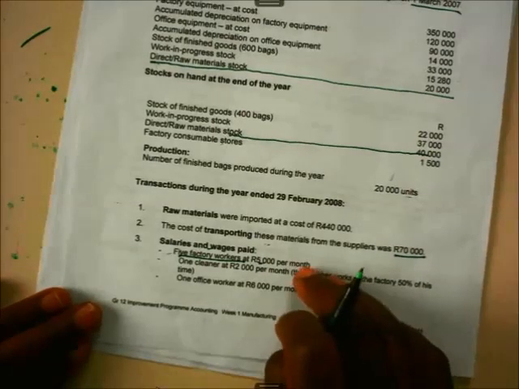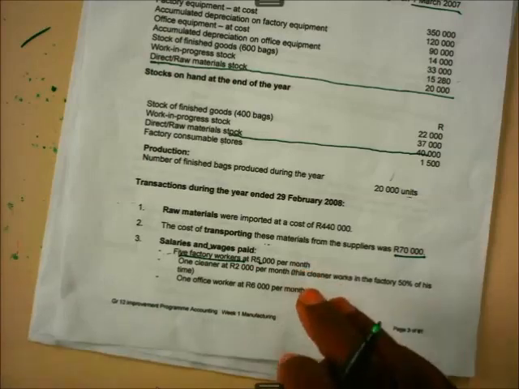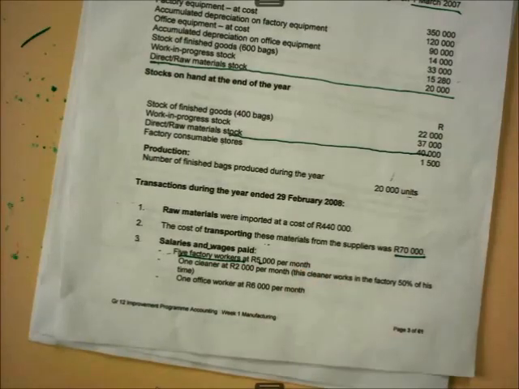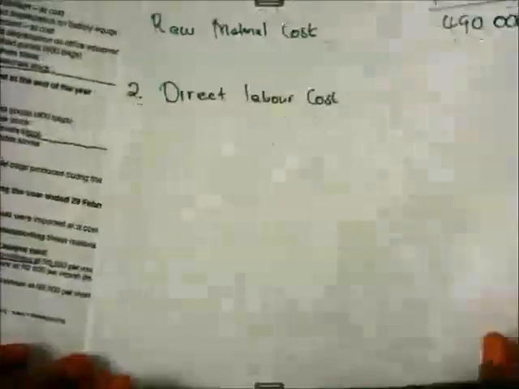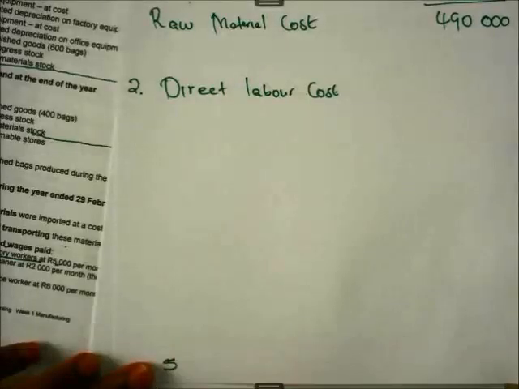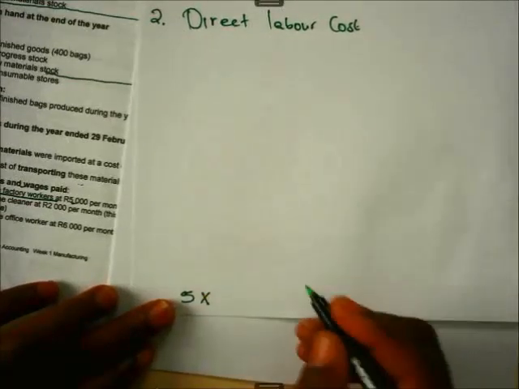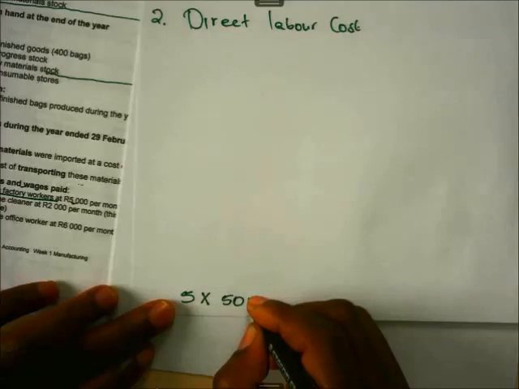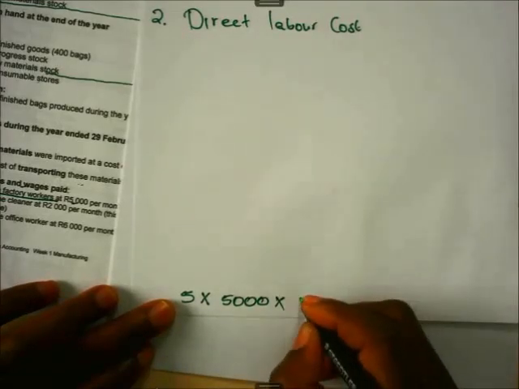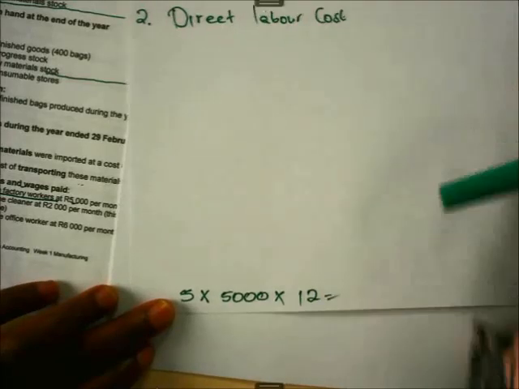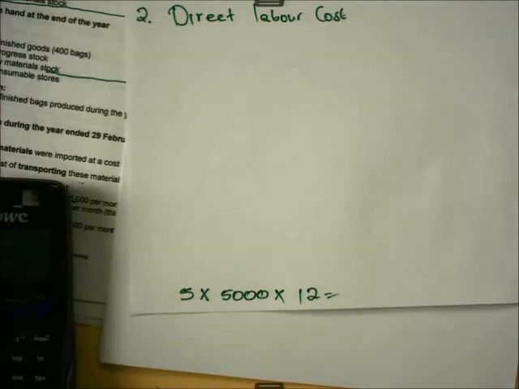Do not forget, we are doing the statement in this question at the end of the financial year. So to do the calculations, we have to say, how many workers do we have? We have 5 workers. Each earns a salary of 5,000 per month. Then we say multiply by 12 to get the total salary of a factory worker.